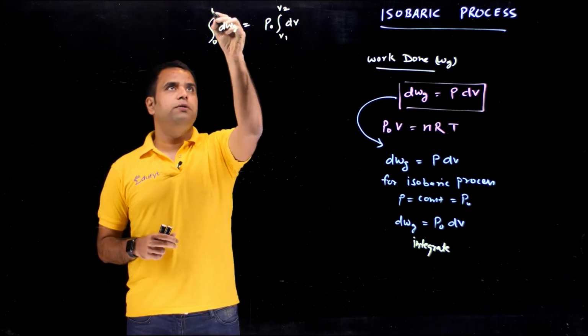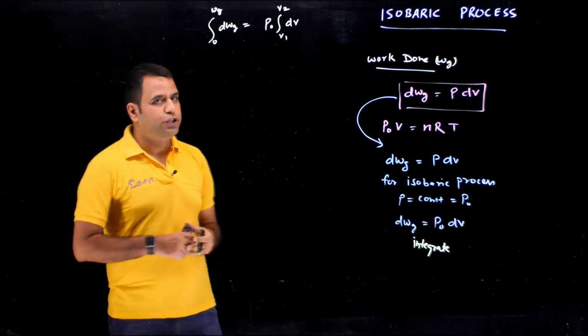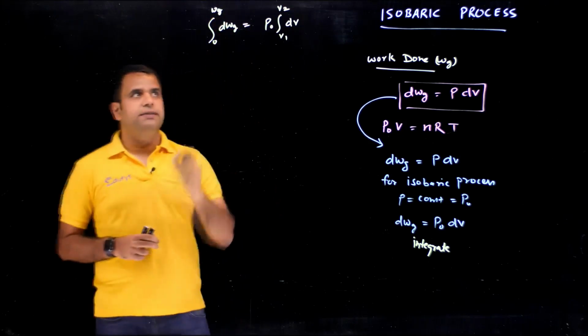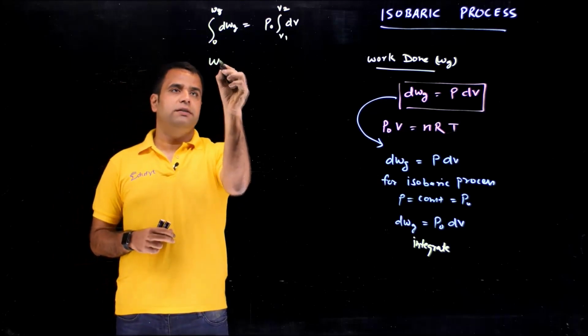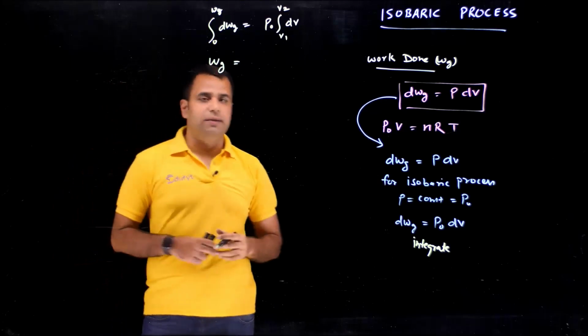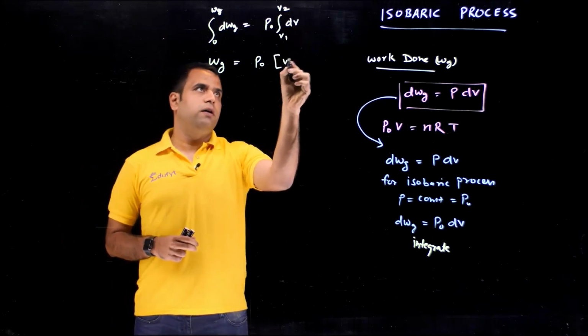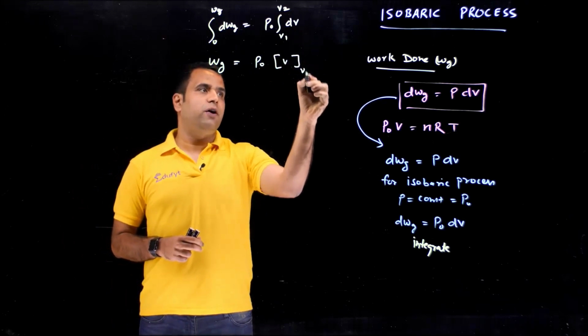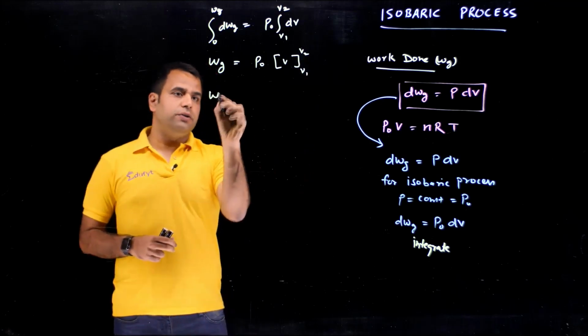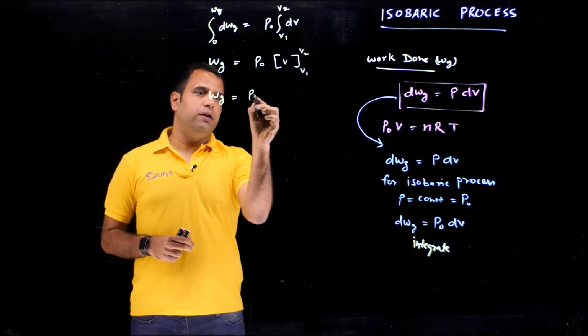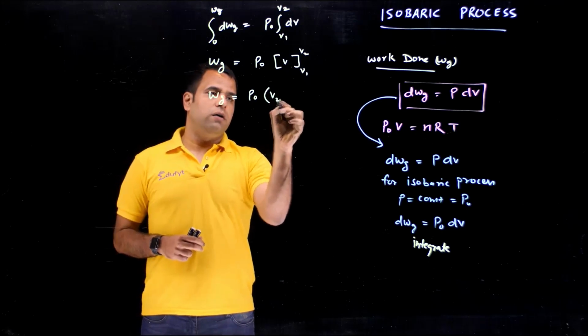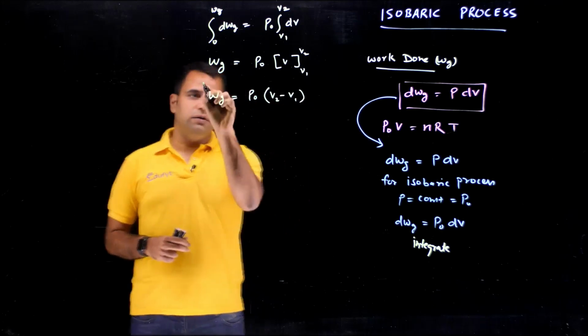Integrating the left hand side, which is dWg from 0 to Wg, will give us Wg. This is the work done by gas, and that will be equal to P naught times the integration of dV, which is V, from V1 to V2. So Wg comes out to be P naught (V2 minus V1).